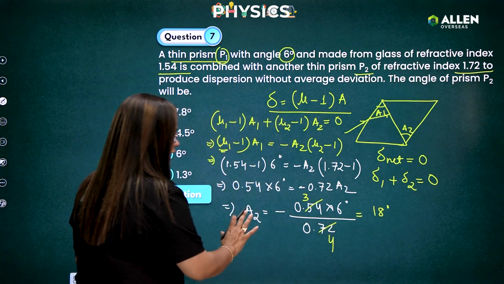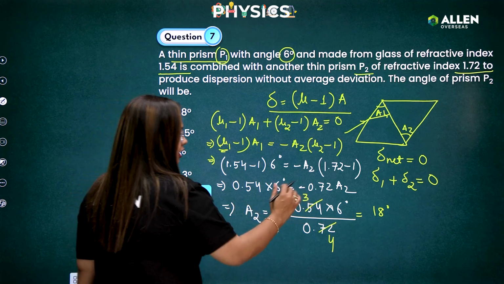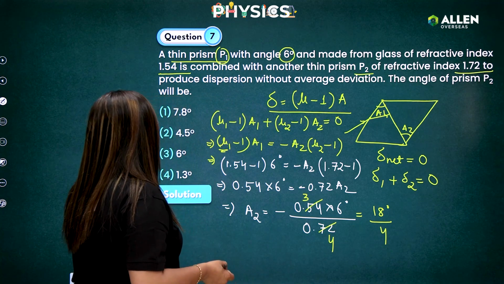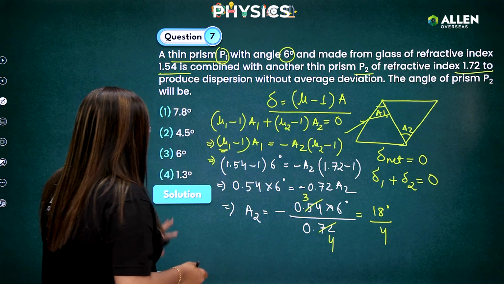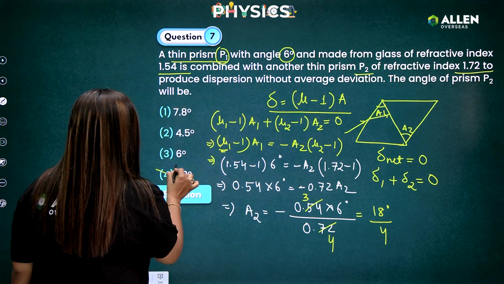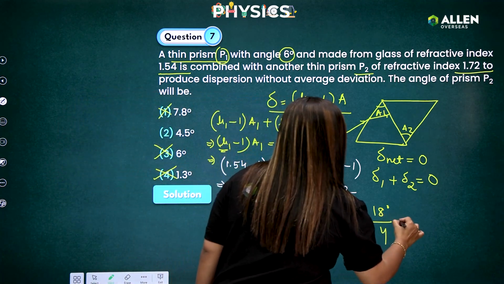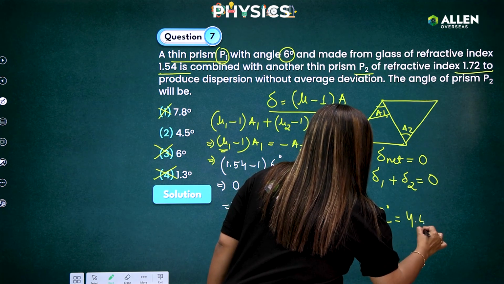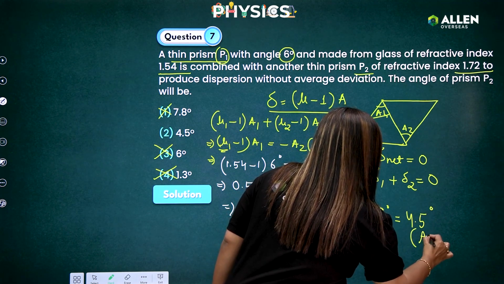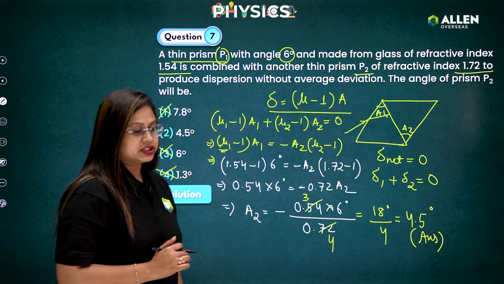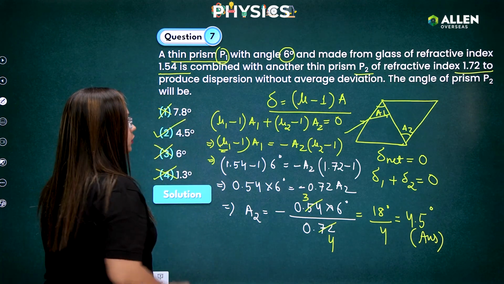I am just finding out the value, so we can write 18 divided by 4. 18 degree divided by 4 is around 4.5 degree, because all other options can be directly removed from here. So this is coming as 4.5 degree. This is the angle of the second prism, and this is the correct answer to our question, and it is given in option number 2.